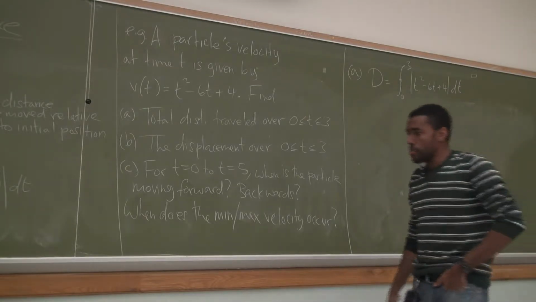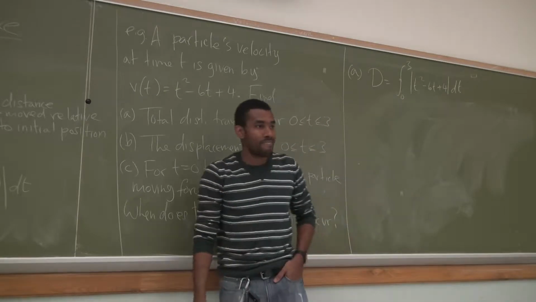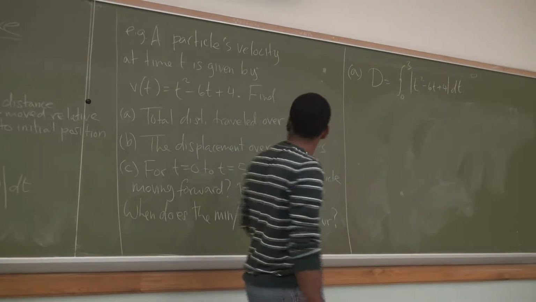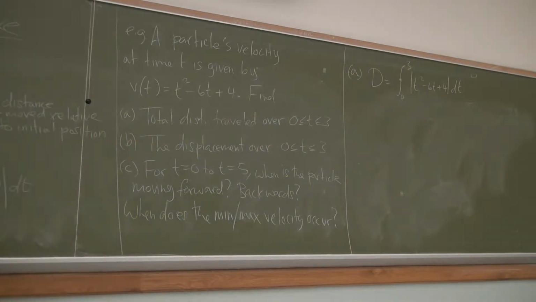So how do I deal with that, the absolute value of the function? Piecewise function. Is that supposed to be 5? I think I meant to write 5.